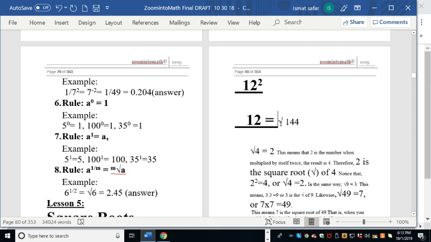If it was 3 or 4 or 5, then they put it on top of the square root symbol.